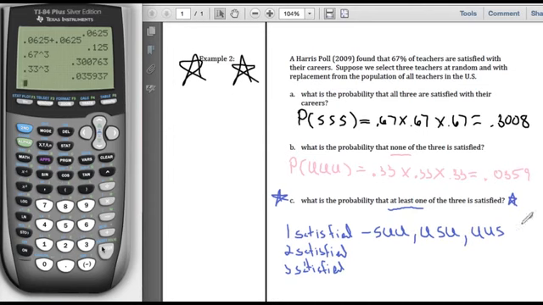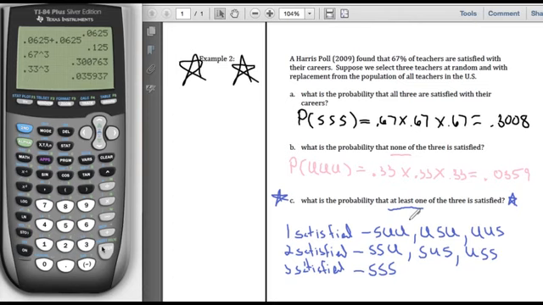So I'd have to calculate these probabilities. With two satisfied, it could be arranged in these three ways. And then with all three satisfied, it was just one way, just SSS, no other way to rearrange that. So I'd have to calculate all of these probabilities.